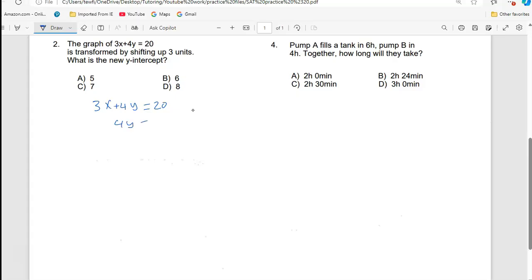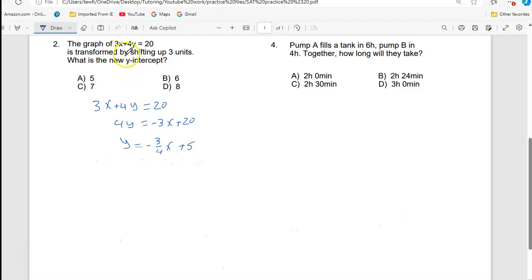So 4y equals negative 3x plus 20. To get rid of the 4, divide both sides by 4. So y equals negative 3/4 x plus 20 over 4. So 5 is the y-intercept of that line.